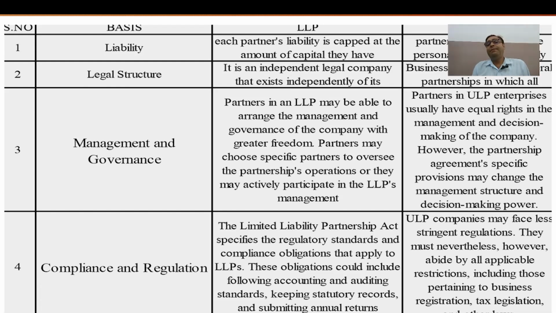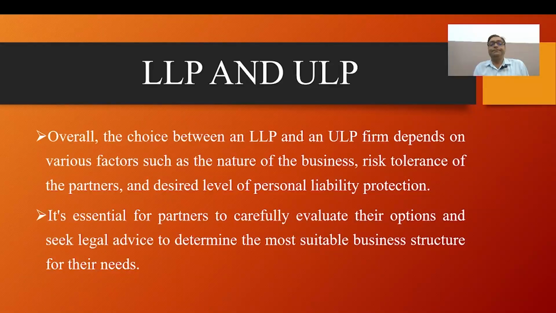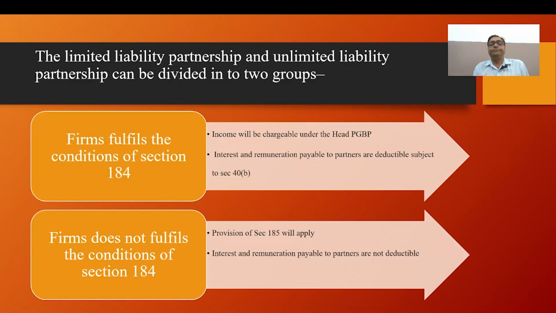LLP and ULP partnerships can be divided into two groups, shown here in the diagram. Where the firm fulfills the conditions of section 184, income will be chargeable under the head PGBP.